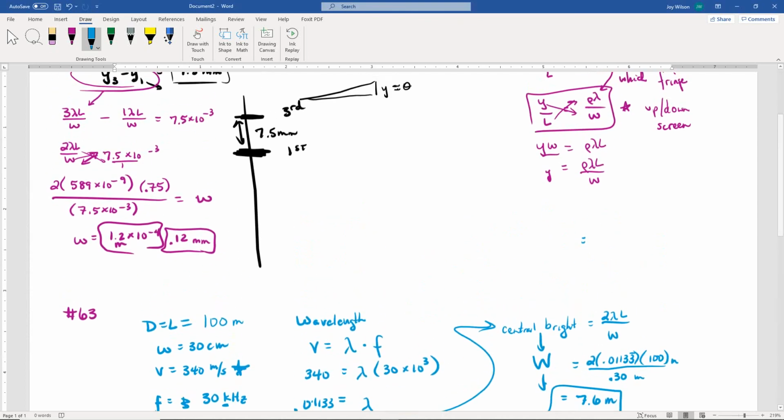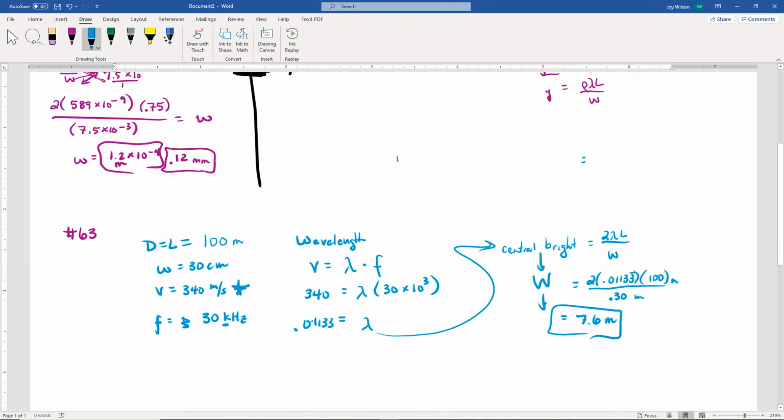So if you stand behind the crack, out here at 100 meters, in a region that is 7.6 meters wide, you're going to be right in the middle of the happy little bat noises.